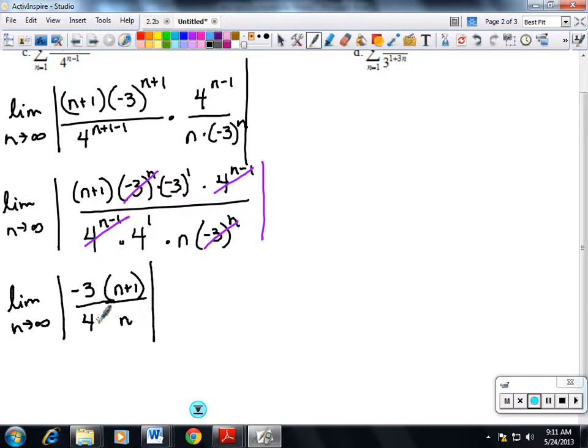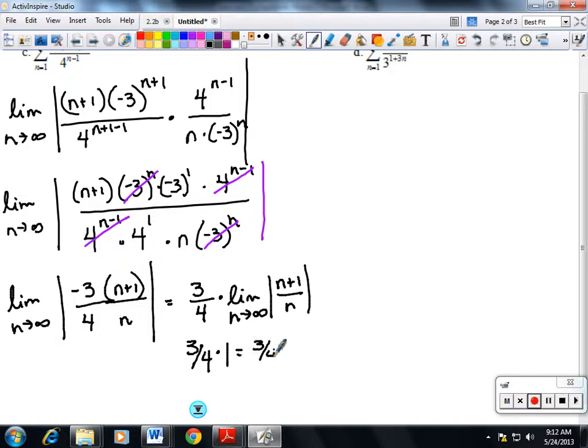And remember your limit rules, you can pull this coefficient out. I could rewrite that as 3/4. Why is it positive? Because it's in absolute values, times the limit as n goes to infinity of n plus 1 over n. Well, this goes to 1, so it's just 3/4 times 1, which is 3/4, which is less than 1. Because it's less than 1, it's going to converge.